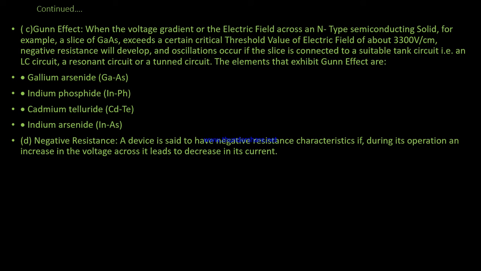Now, the D aspect of the question says what we understand by a negative resistance. A device is said to have negative resistance characteristics if during its operation an increase in the voltage across it leads to a decrease in its current.